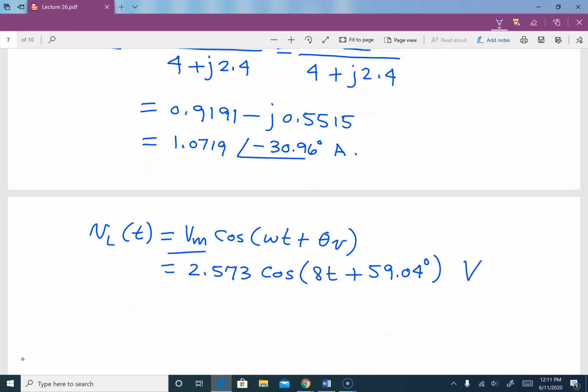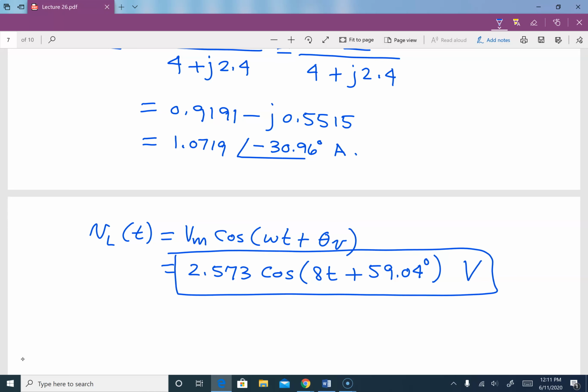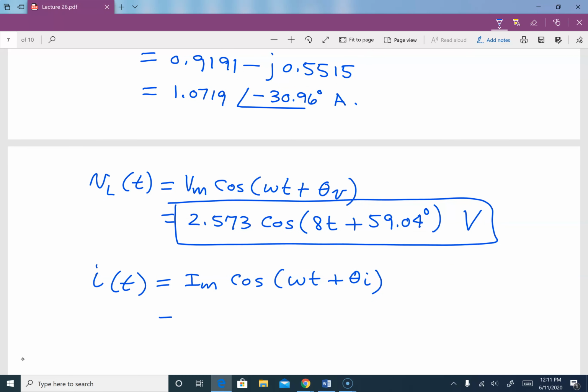So this is our VL of t. Now our I of t is Im cosine of omega t plus theta I. Im is 1.0719, and then cosine omega 8 multiplied by t, and our angle theta I is minus 30.96 degrees, in ampere.